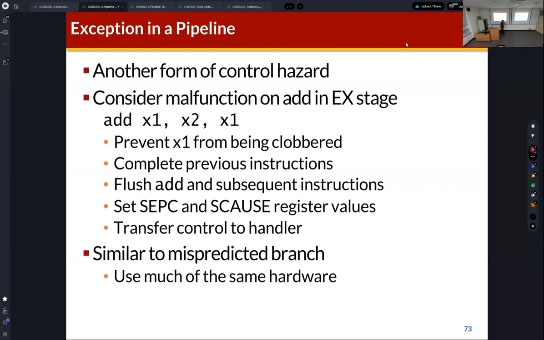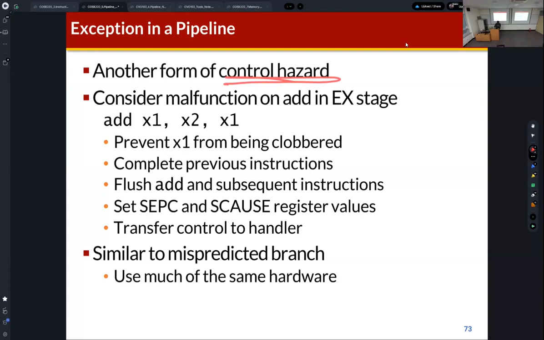But it's obvious, right? It's very similar to the jump instruction, so it's kind of a control hazard, because the clock cycles are wasted. Obviously the program counter is changed to the first instruction of the exception handler.